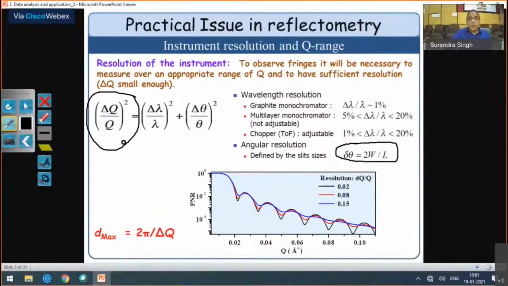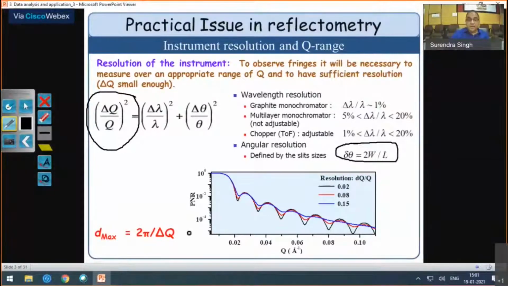In this figure I have shown the reflectivity pattern plotted for different resolutions, delta Q by Q, and you can see for 0.02, which is very good resolution, we have nice oscillations. But these oscillations get smeared out when we increase this value, or when we make our instrument resolution poor.